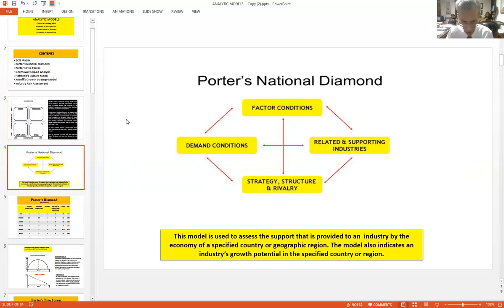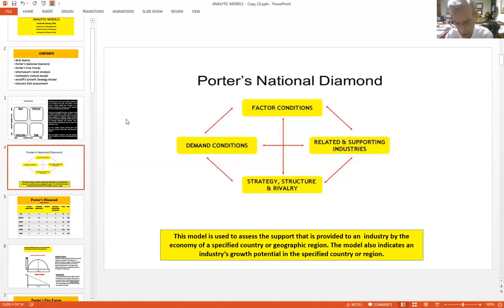So long story short, some companies are located in industries that cultivate them more than other countries cultivate companies in the same industry. And there are four driving forces that influence the extent to which a country supports an industry according to Porter's model.